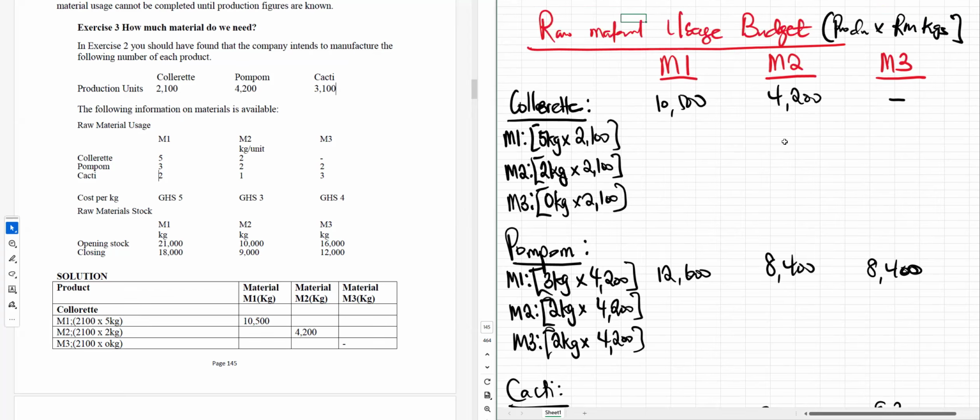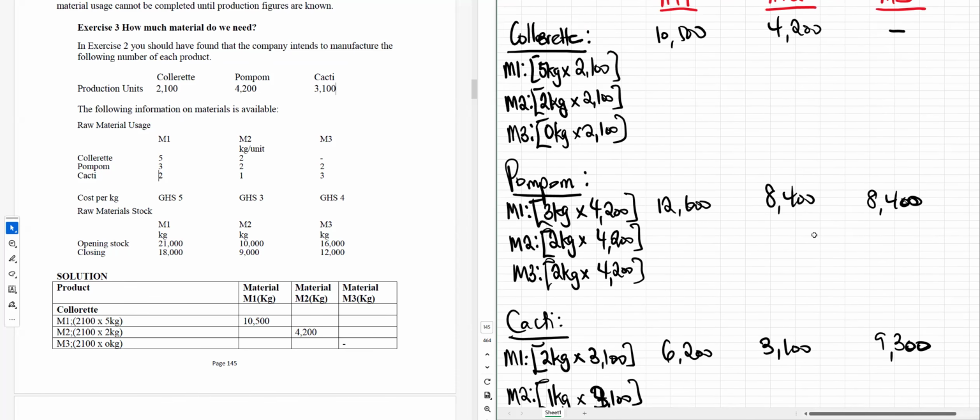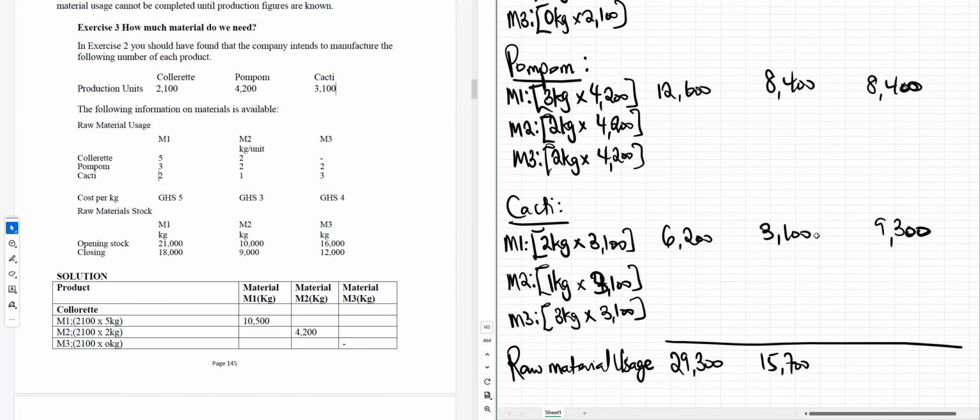And then for this one, 4,200 plus 8,400 plus 3,100. 15,700. Am I correct? Then 8,400 plus 9,300. 17,700.